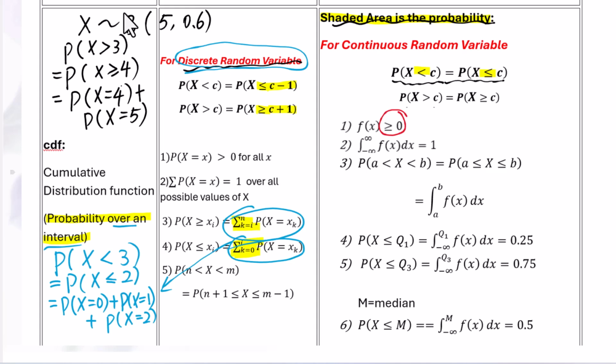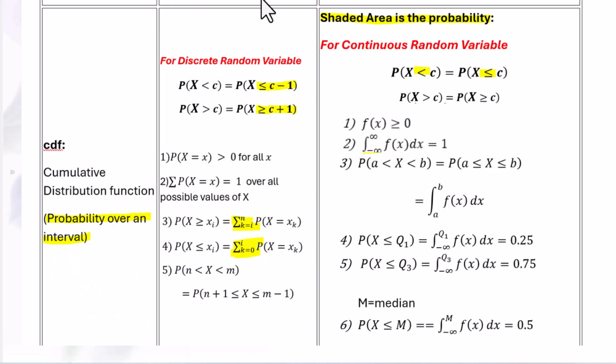Since the shaded area is the probability, the integral from negative infinity to positive infinity of the probability density function f of x dx equals 1. When you're looking for the probability of any interval, you will use an integral.